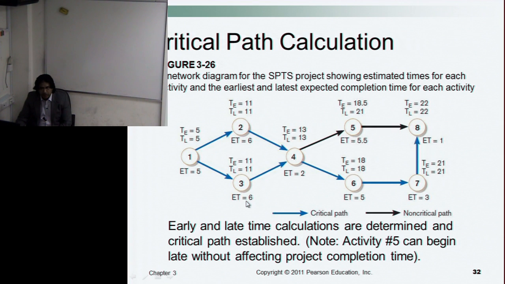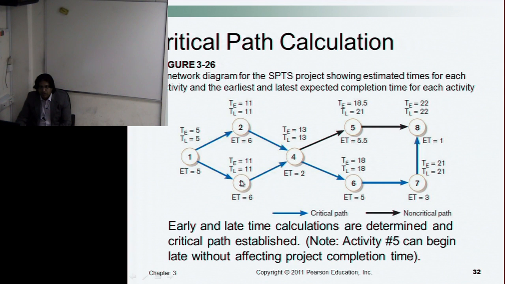That is 6, whereas the earliest time is 11. So the earliest time is calculated by summing up the expected time and the earliest time of the previous activity. Is that clear or no? Right? Okay.